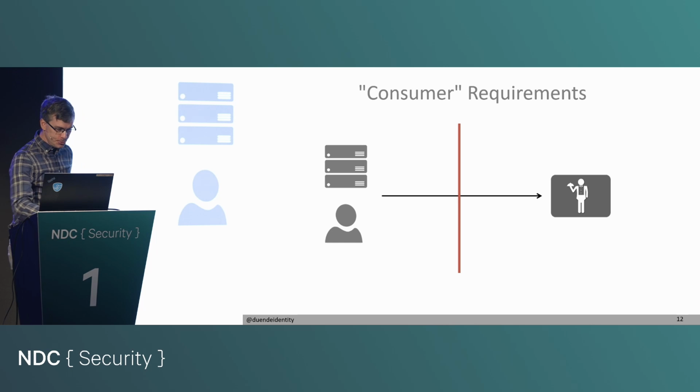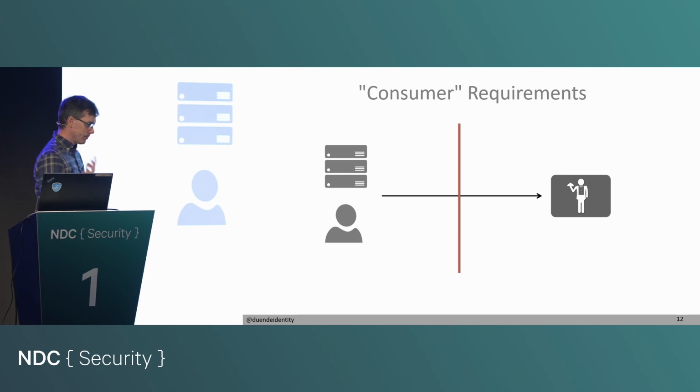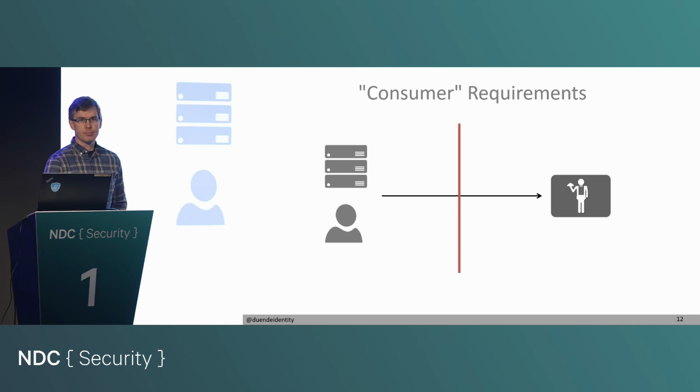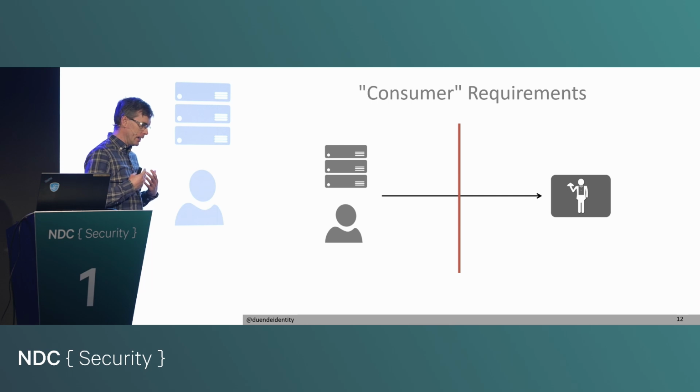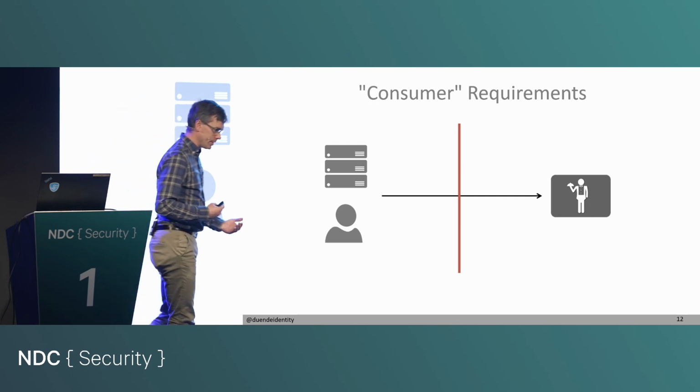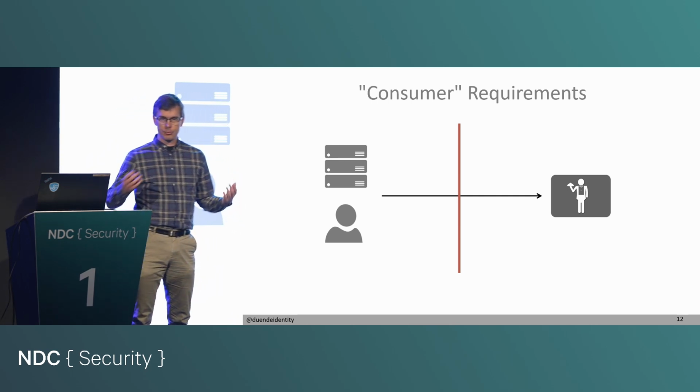And this was great and working as long as we had the enterprise-y architecture where typically the APIs, the client application, and the authorization server all belong to the same organization.